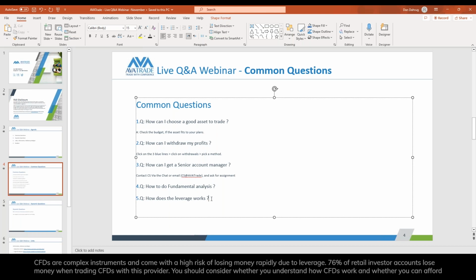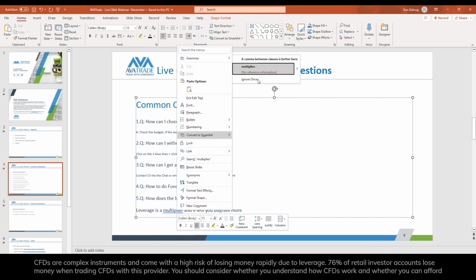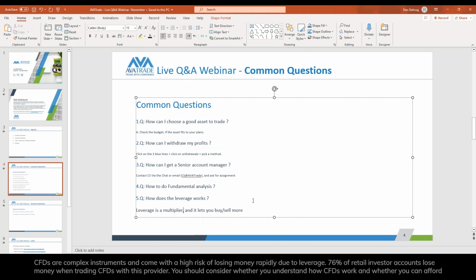So regarding the leverage, guys, we've explained about that. How does the leverage work? Leverage is a multiplier, and it lets you buy or sell more quantities with the same balance.